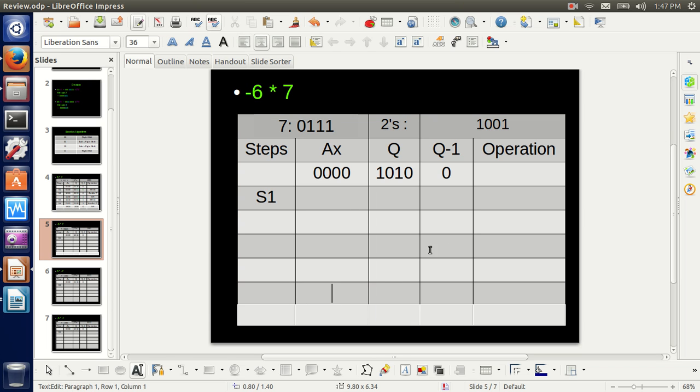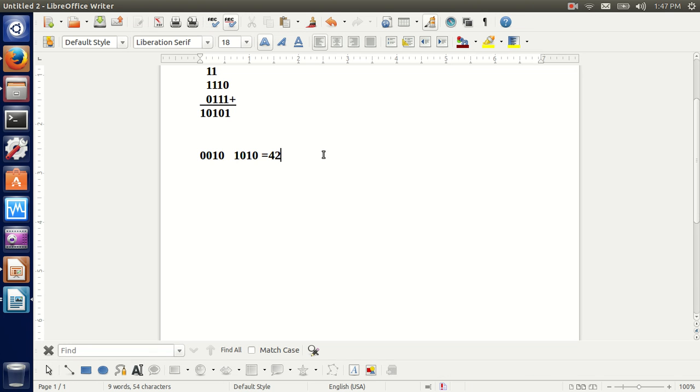Something goes wrong when you add a row, but anyway. So here's the -6. How can I find that? And how do I find the 2's complement? For the 6, what's the 6? 0 1 1 0. Why? Think of it that way. This is how I think about it.